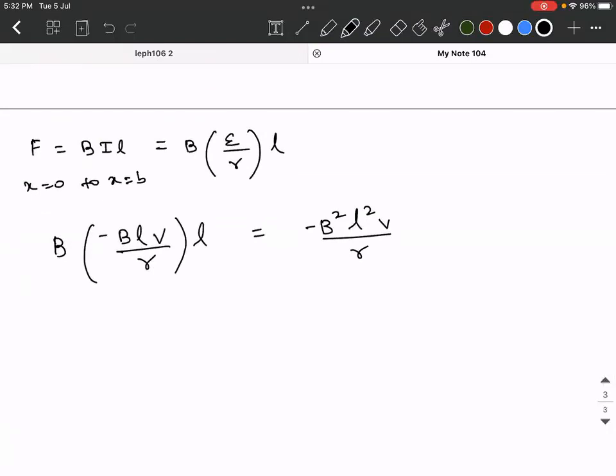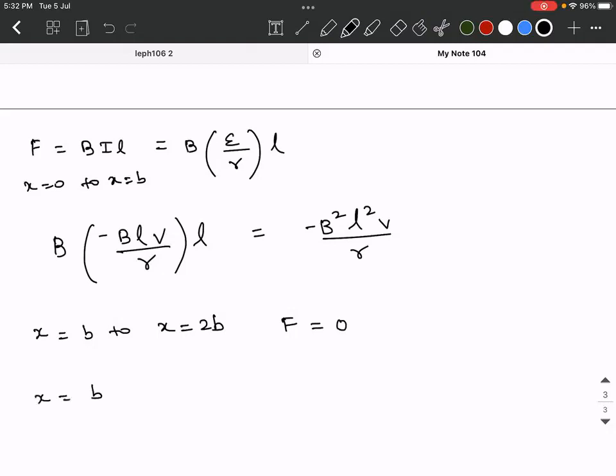Is it clear? Similarly, when you go from x equals B to x equals 2B, what will be the value of force? The induced EMF is how much? 0. So force will also be 0.